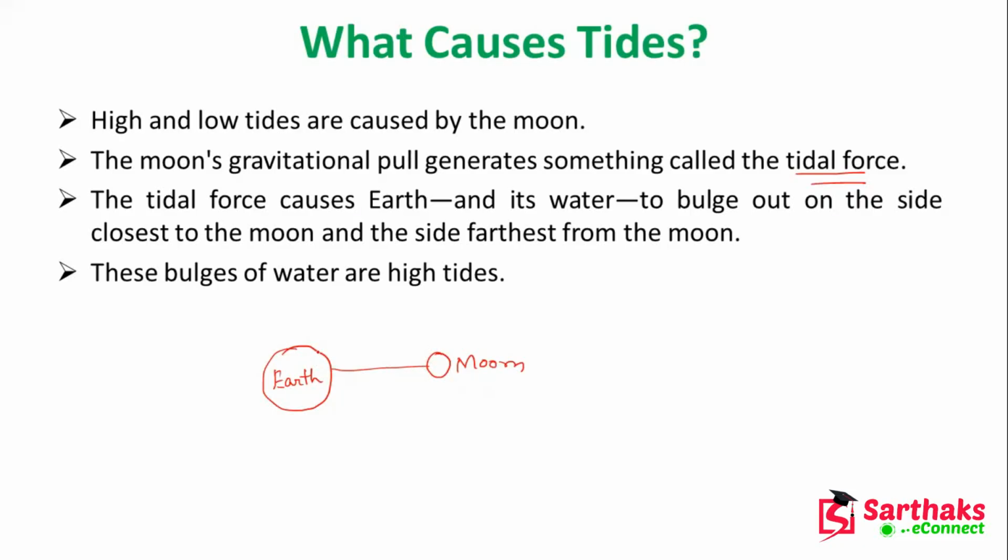So this part of the earth is very close to the moon. This moon will pull the water of the water bodies of this side, and this bulge in the water body is called the high tide.